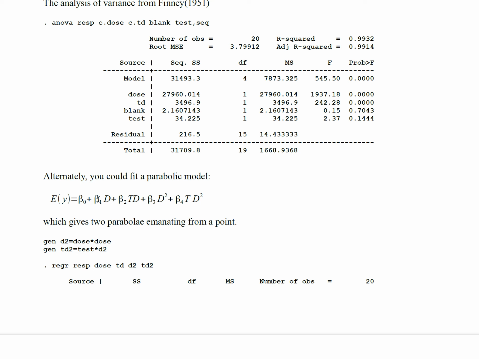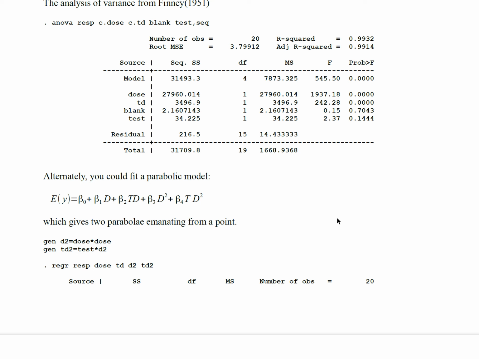This is another example of a model that's not hierarchically well formulated. The two parabolas are obliged to come from the same point at the zero dose, the zero value in both cases. And you would say, well, we don't have the variable t here, right? It's missing.